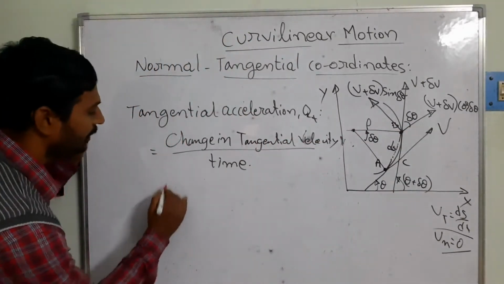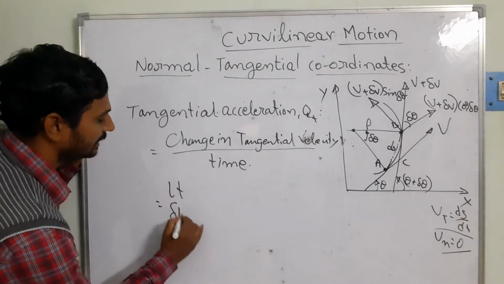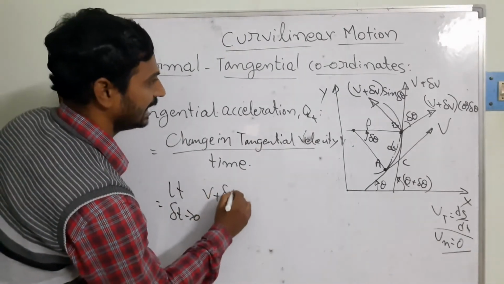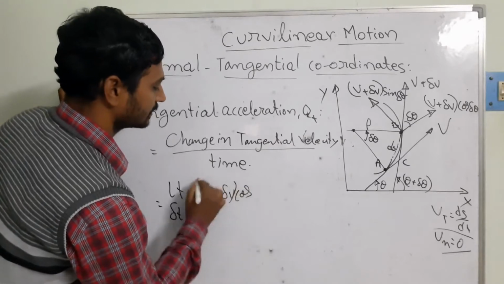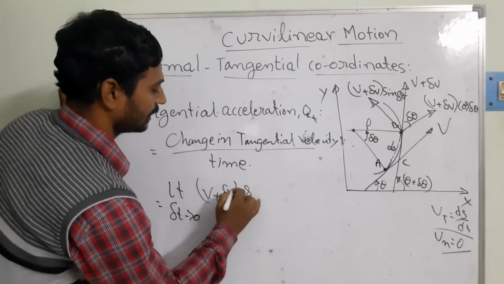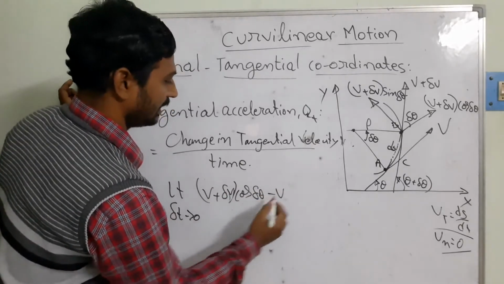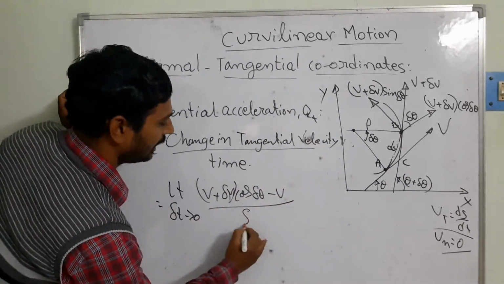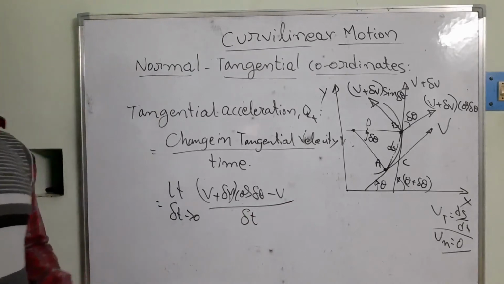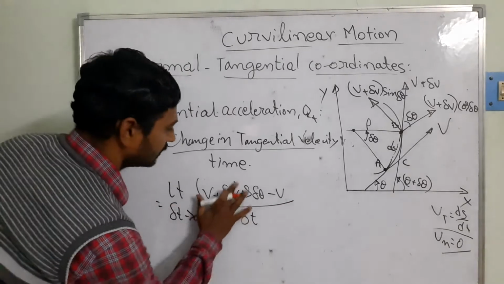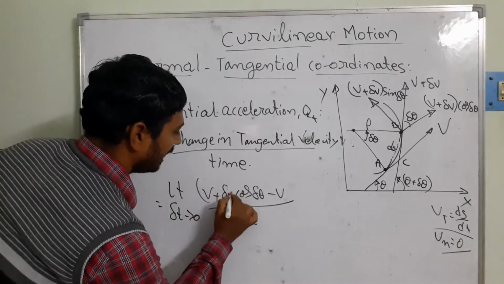So in the limit del t tends to 0, I take (V plus del V cos del theta minus V) divided by del t. So this is the equation I got.